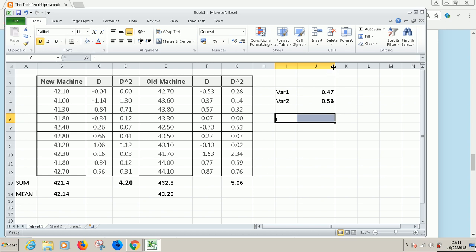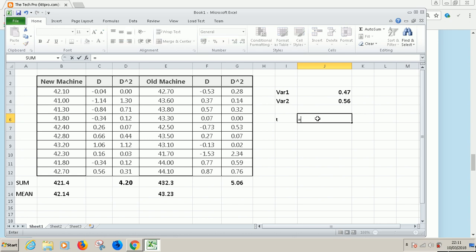Let's see. So the formula will be equal to the mean 1 minus mean 2, equal to this minus this. Okay, so divided by the square root of the first one, which is SD 1 squared over n1.